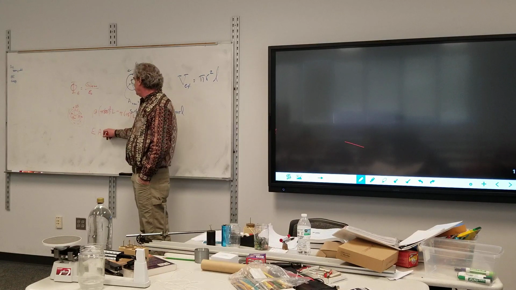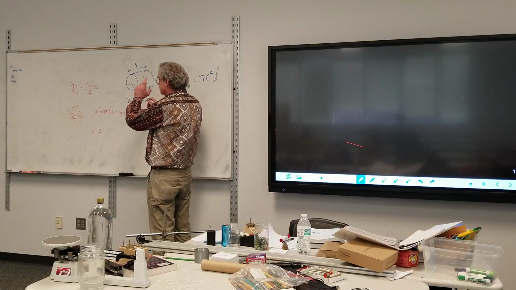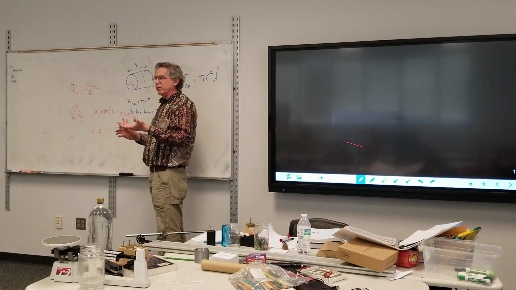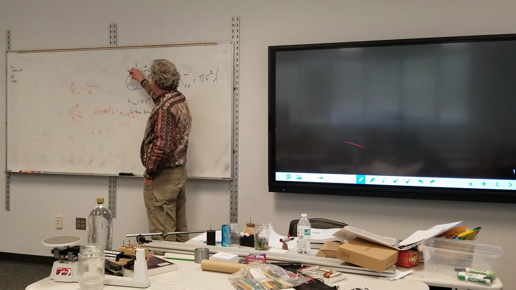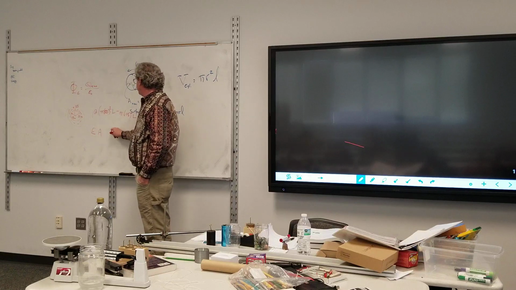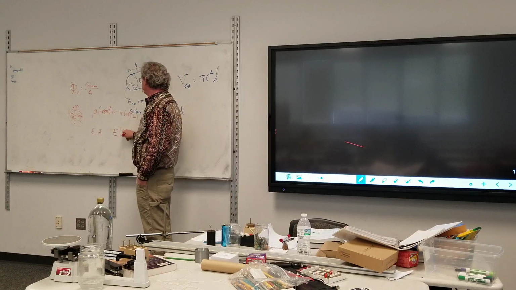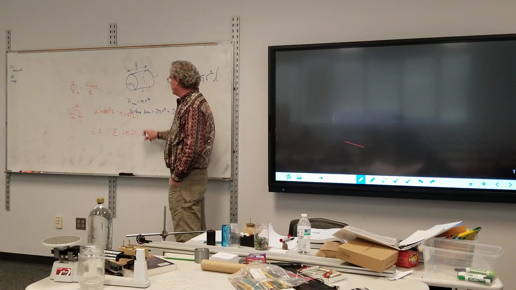My end caps will have no flux through them because the electric field is perpendicular to the area vector. On the sides, my area vector is in the same direction as the electric field. So E times A will be E times the area of the cylinder, which is 2 pi 0.21 L, and that's going to be equal to this.